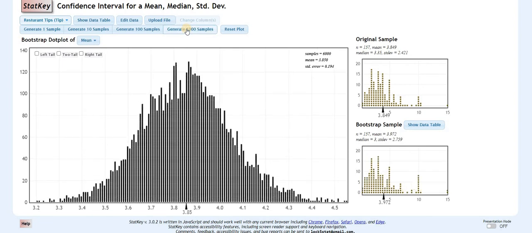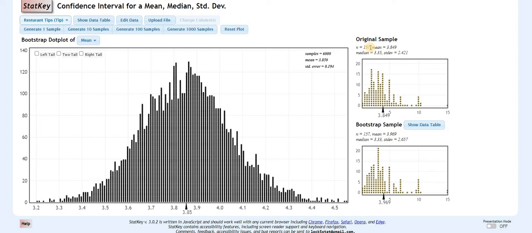As you can see here, the data is approximately normal, and you have 6,000 samples. Now, we need the size of each of these samples and the mean for each sample, meaning we need the sample mean, the sample size, and the sample standard deviation. So this is where we should be looking. I know that the sample size in this case is 157.